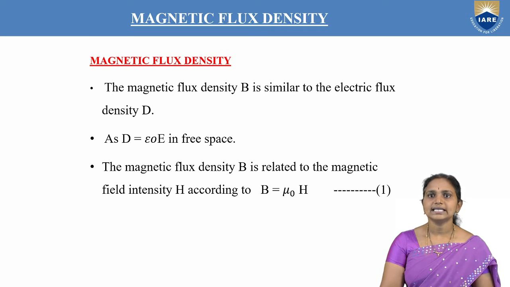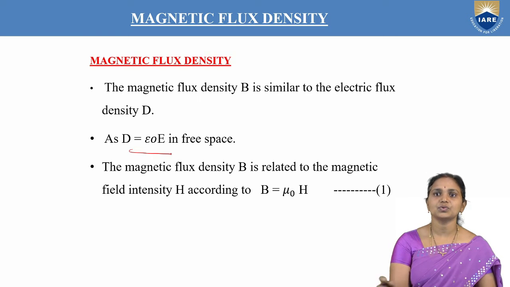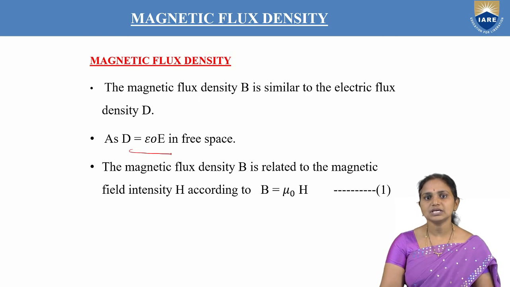If you take the D relation in the case of electric field, D is epsilon naught into E. If the medium is free space, then electric flux density D will be given as epsilon naught into E, where epsilon naught is the permittivity of free space and E is electric field strength.